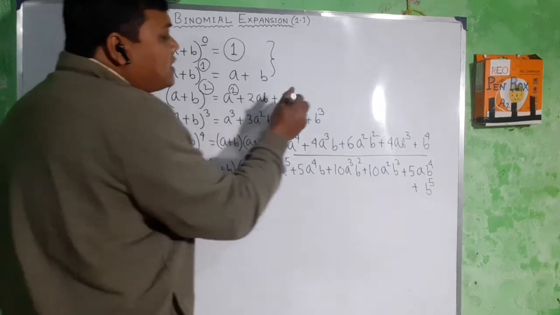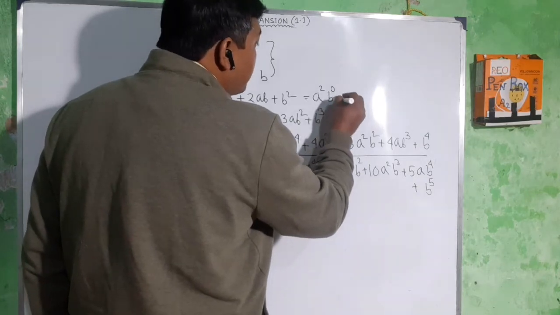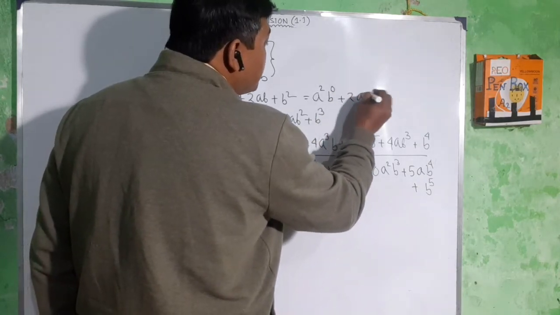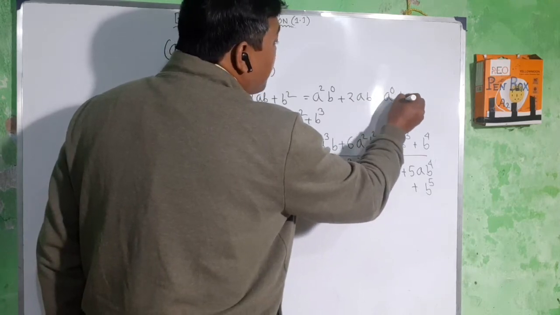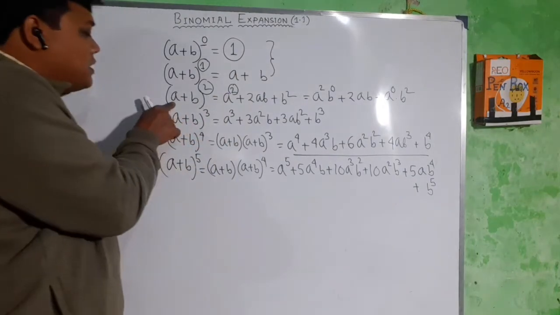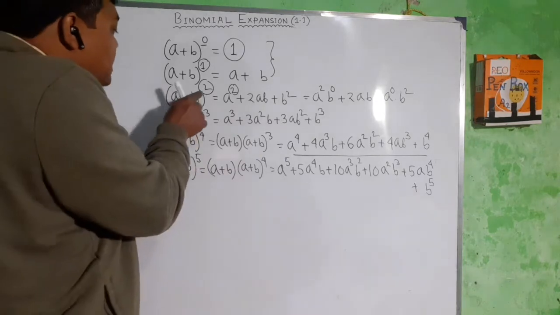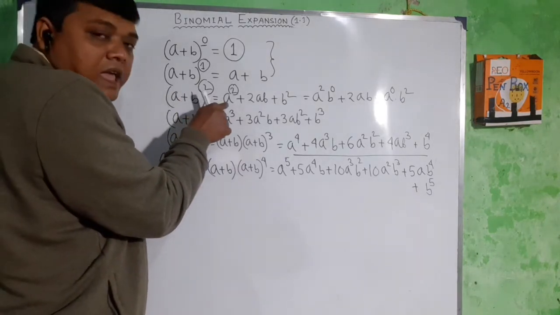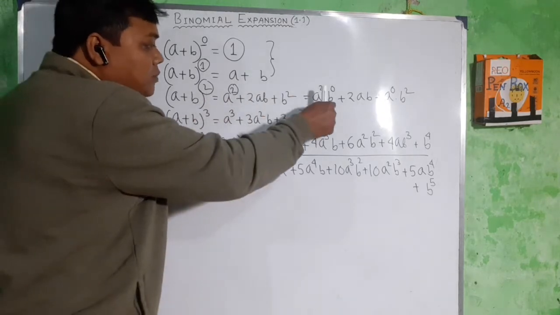So it can be written in this fashion: a square b to the power 0 plus 2ab plus b a to the power 0 b square. You see that, first you can consider a plus b. The highest index power is for a, and the lowest index power is 0, so a square b to the power 0.